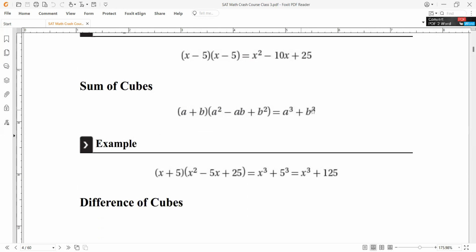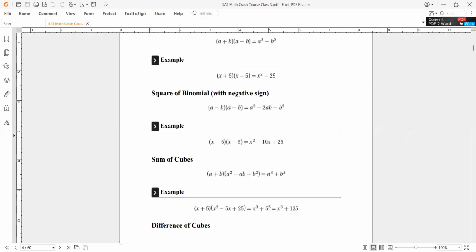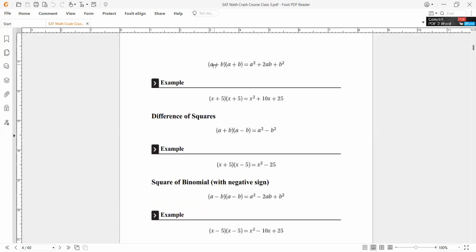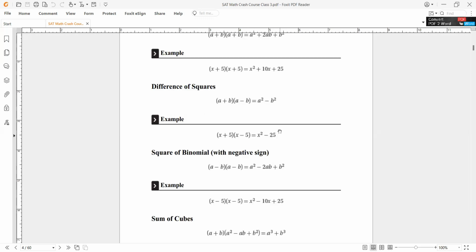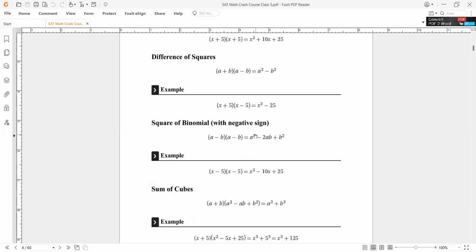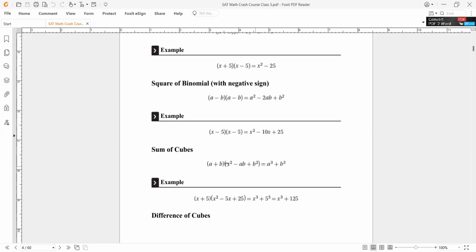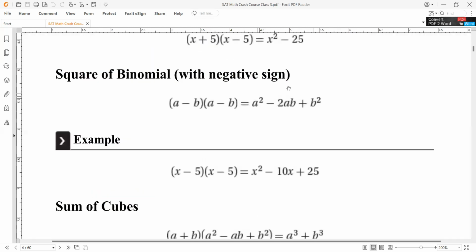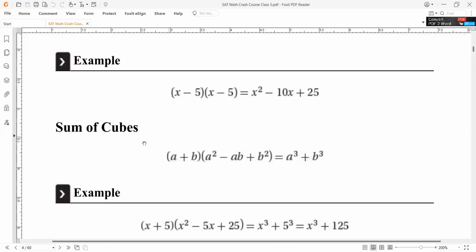You just need to remember these basic rules. a plus b multiplied by a plus b equals a square plus 2ab plus b square. a plus b multiplied by a minus b equals a square minus b square. a minus b whole square equals a square minus 2ab plus b square. These basic rules can really help you.